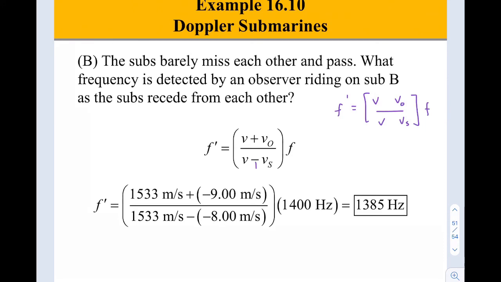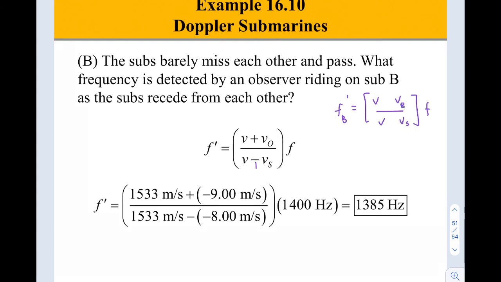Who is going to be the observer? B, because the question is what frequency is detected by the observer riding on sub B. So B is going to be the observer, the one that receives the frequency.